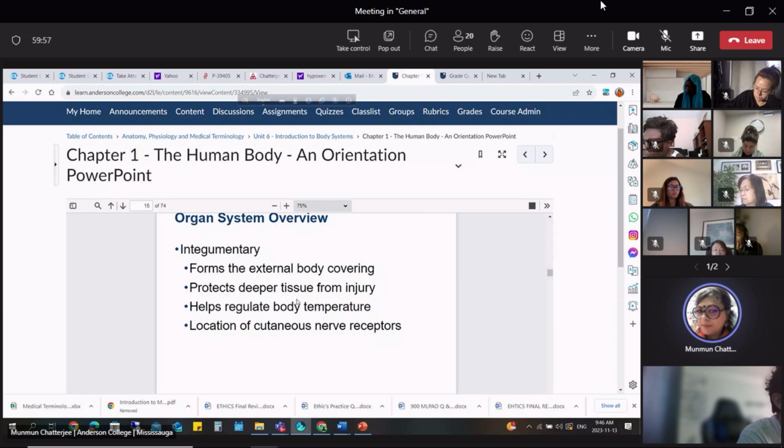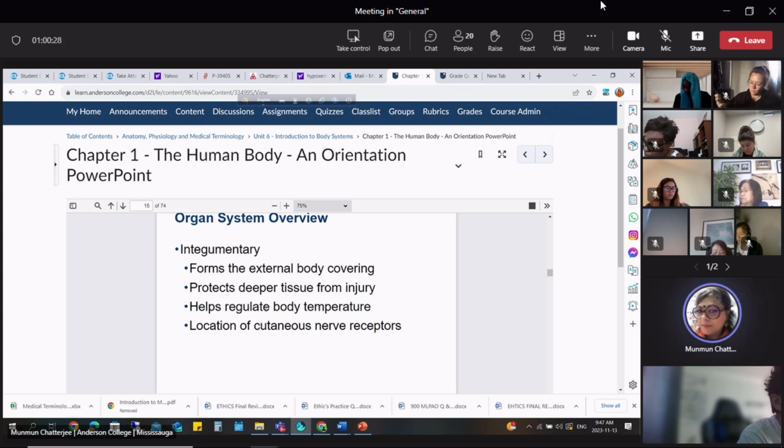But these are the main functions of the integumentary system, the external body covering: it protects deeper tissue from injury, regulates body temperature, and has the cutaneous nerve receptors.